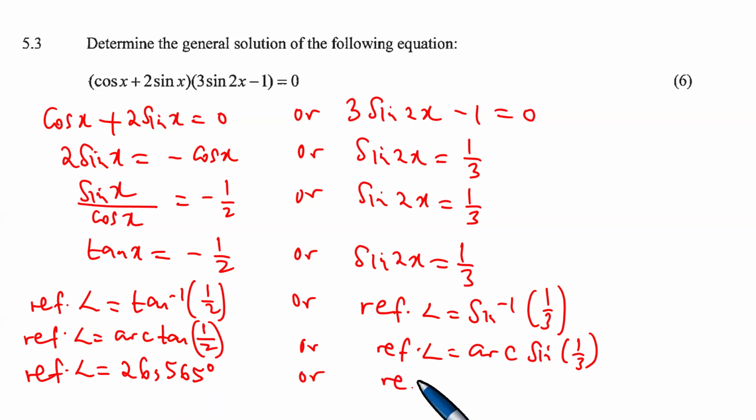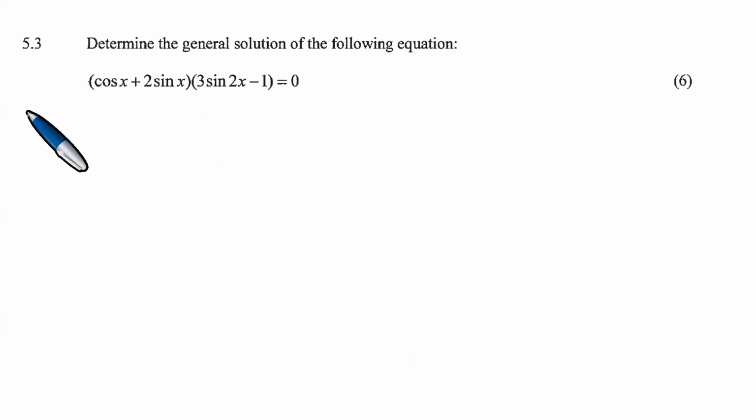Or we see the arcsine of 1/3 is 19.471 degrees. We have two equations, and the reference angle here equals 26.565 degrees.